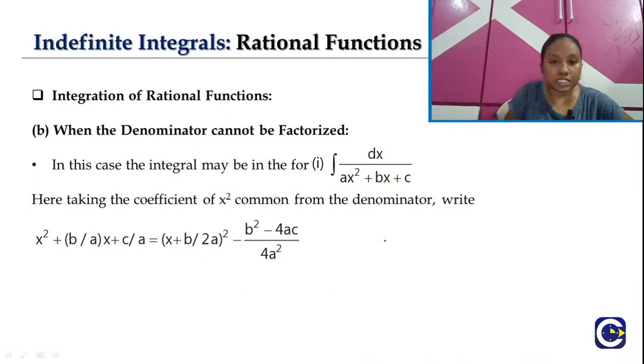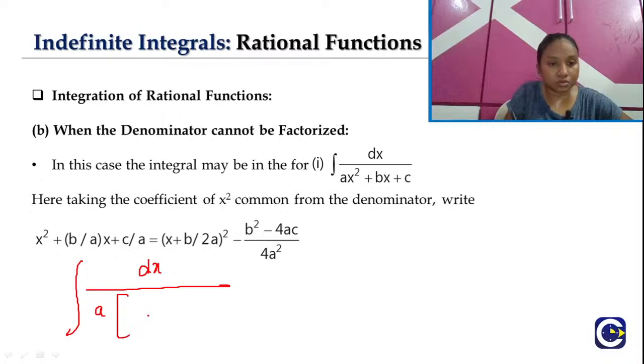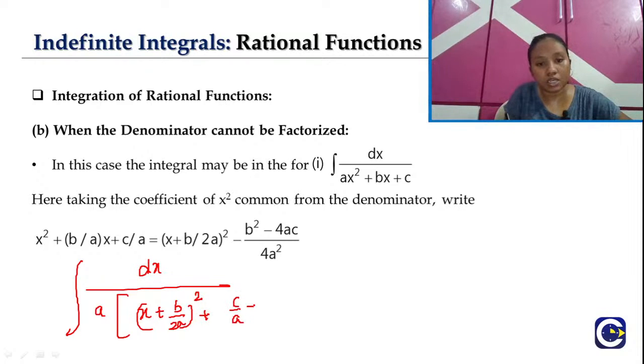So now my integral will be integration of dx by a into (x plus b by 2a) whole square plus c by a minus b square by 4a square.